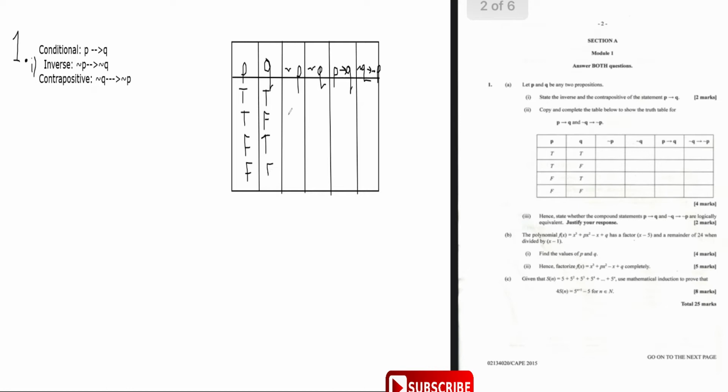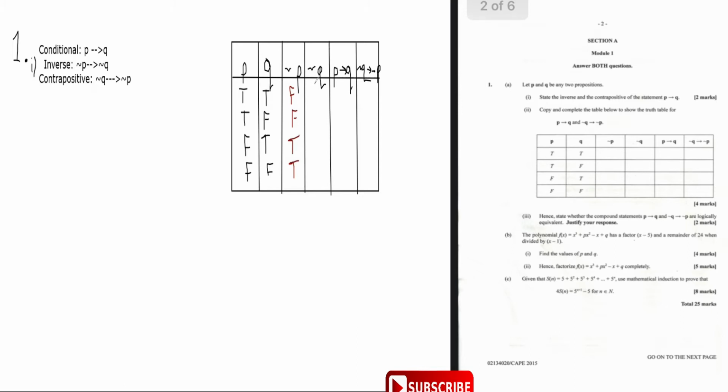Now you want not P. What's going to be not P? Not P is when you negate P right here. The negation of true is false. The negation of true is false. The negation of false is true. The negation of false is true.